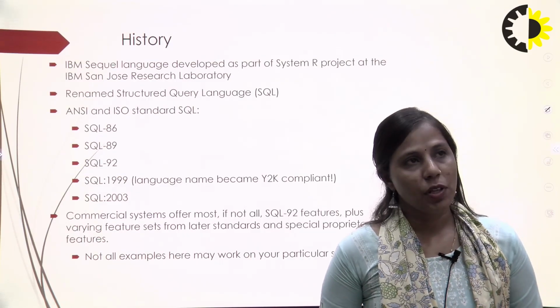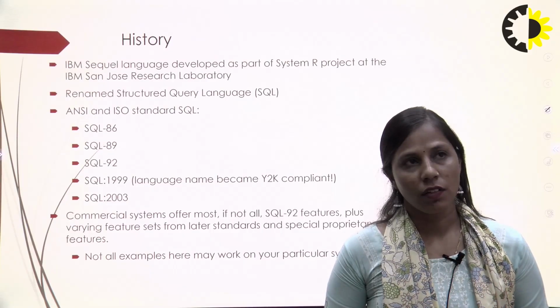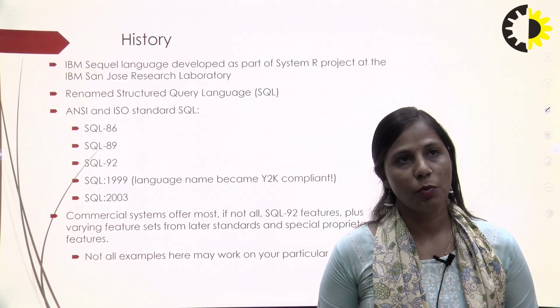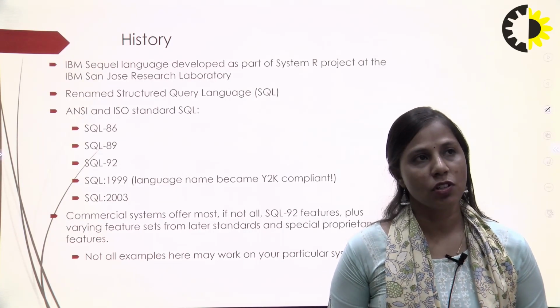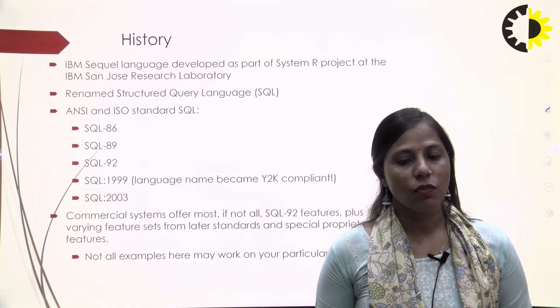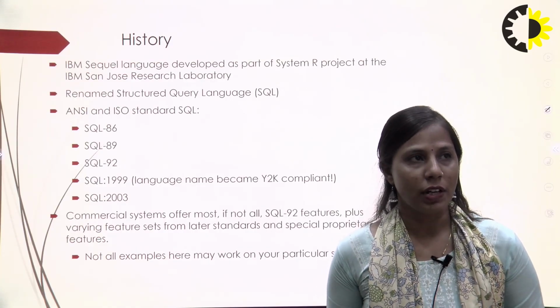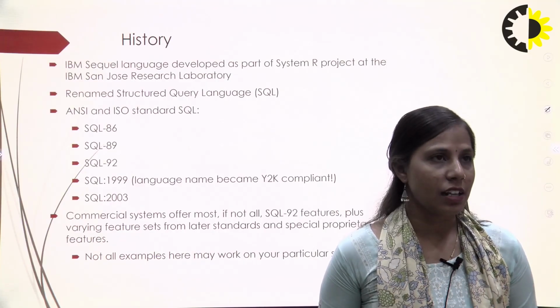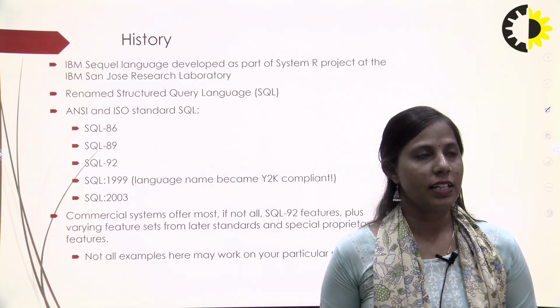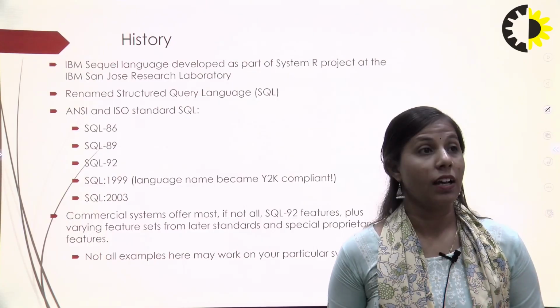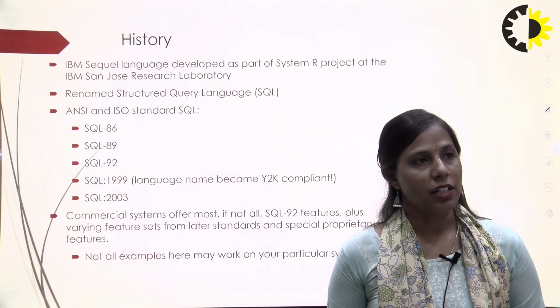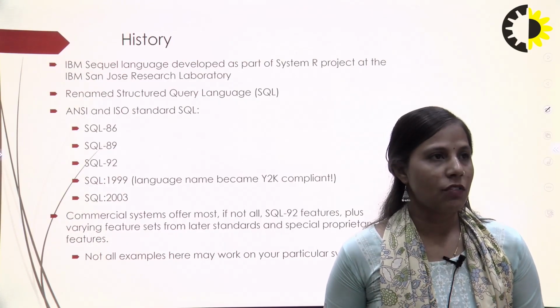history. IBM's SQL language was developed as a part of the System R project at the IBM San Jose Research Laboratory. It was later renamed Structured Query Language. Various standards of SQL have already come: SQL-86, SQL-89, SQL-92. We can call them SQL as well.